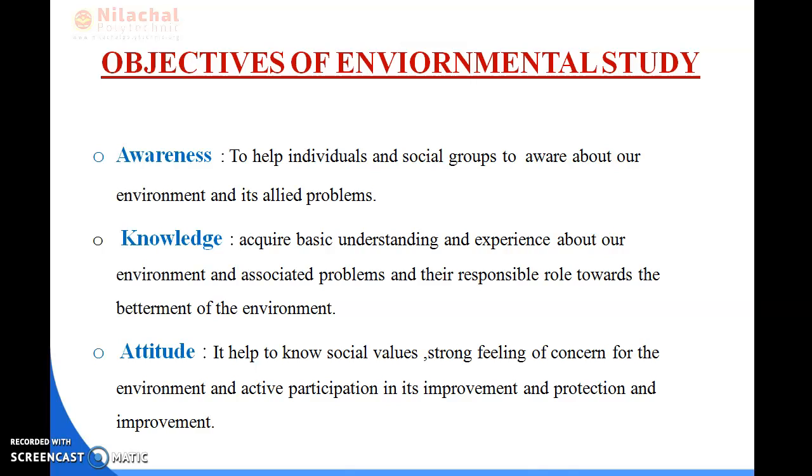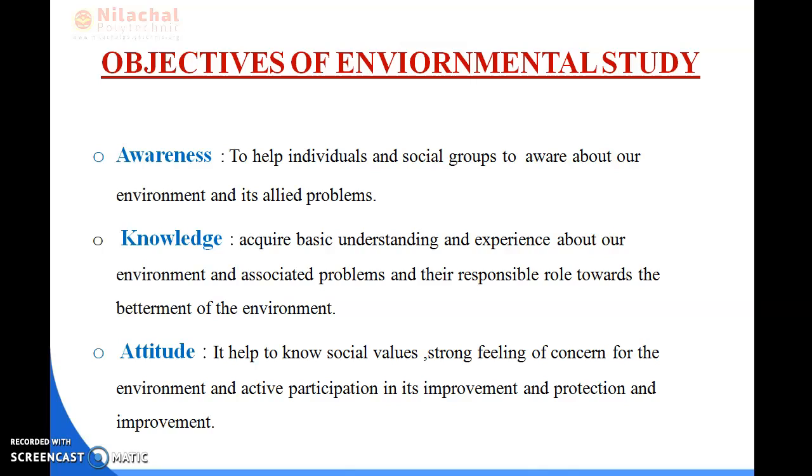Another objective is developing an attitude of concern for the environment and motivating the public to participate in environment protection and improvement. Because to create a healthy environment, the main creator is the public, or man, who is mainly responsible for creating the issues.